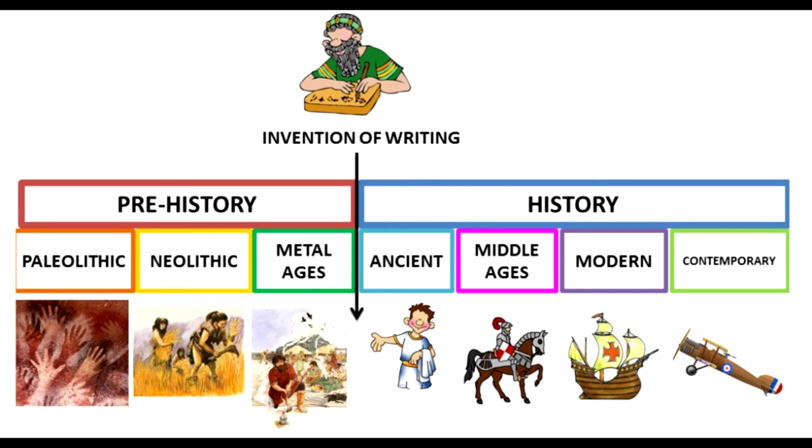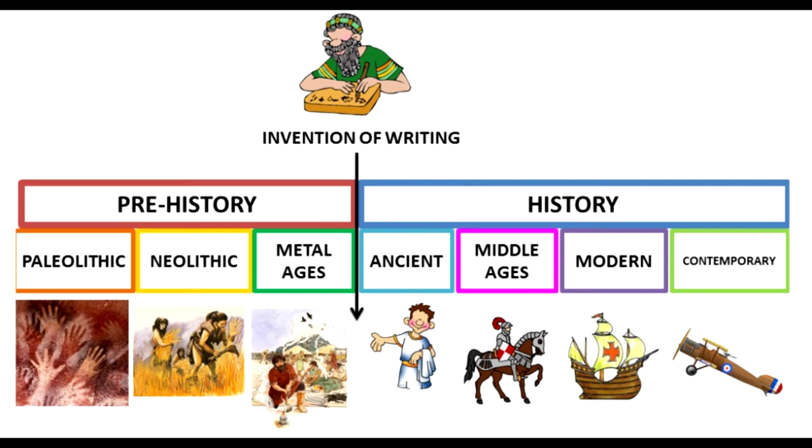All of them have an important event. Let's start talking about prehistory. Prehistory means before humans started recording. This period finishes with the invention of writing, which at the same time is the beginning of ancient history.